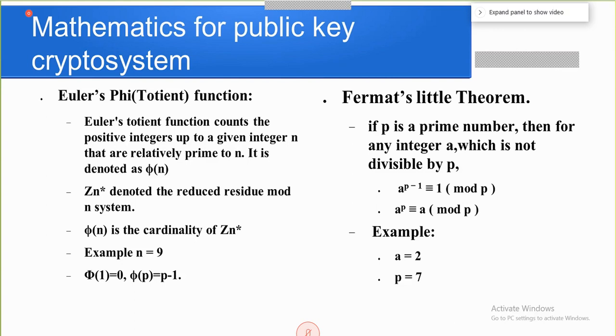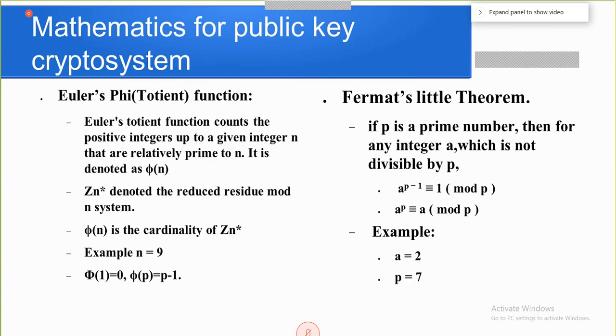Here consider the example n is equal to 9. So Zn star will contain 1, since GCD of 1 and 9 is 1. So 1 is there, 2 is there. Then 3 is not there because GCD of 3 and 9 is 3. 4 is there, 5 is there, 6 is not there because 3 is the GCD of 6 and 9. 7, 8.